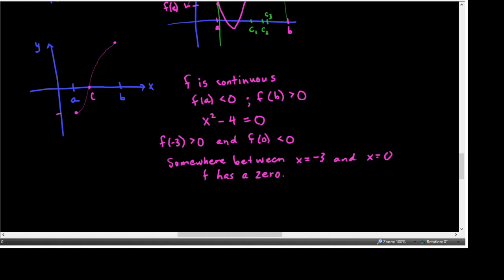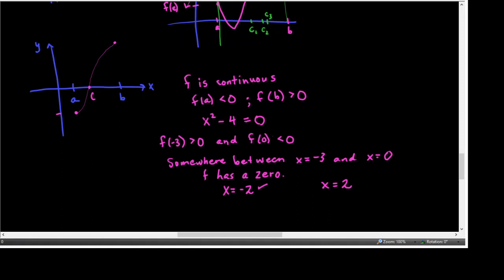It's somewhere between negative 3 and 0 for the function I gave you, which is not what's pictured over there to the left, but somewhere that has to happen. And then, of course, you know that that's really at negative 2 is the one that makes that true. And by the way, x equals 2 is the other 0 of that function. But this is the one, x equals negative 2, that we're guaranteed will happen somewhere between negative 3 and 0. Happens to be known to be negative 2.